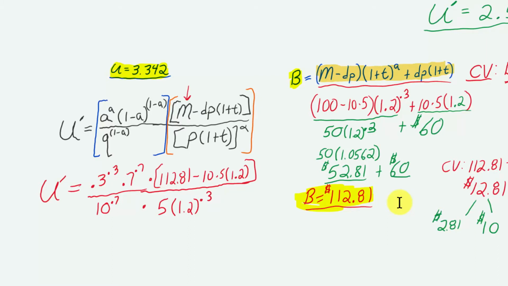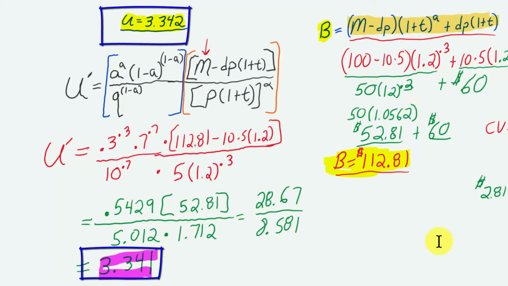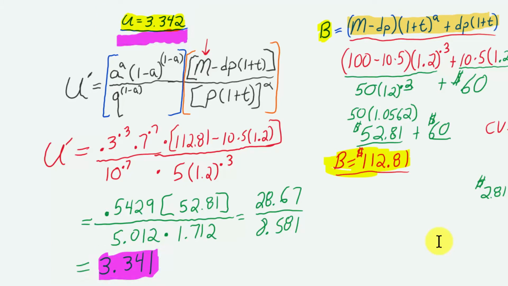Let's plug all that into our calculators and see what we get. And sure enough, except for rounding error, we're getting the same thing as our target utility with this budget of $112.81, and our compensating variation, again, would be the $12.81 additional income we would have to give this person in order to make up for this 20% tax on good X.